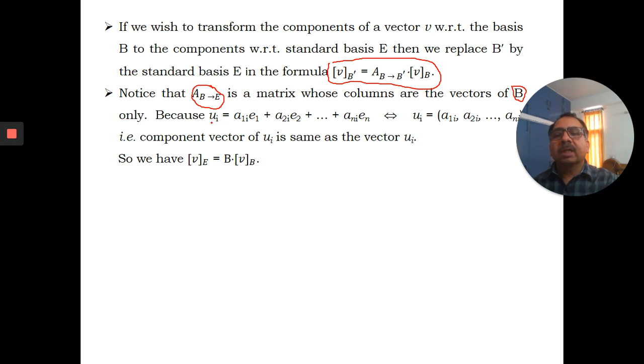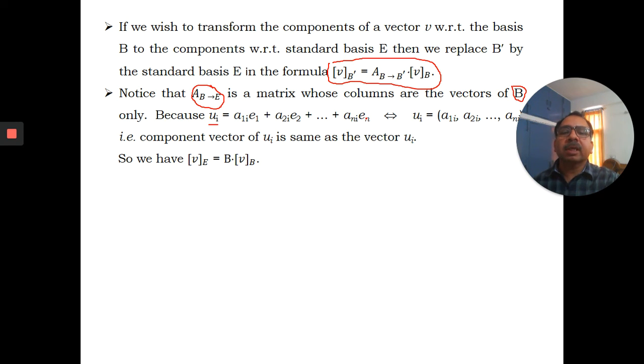Notice that if you take any ui, its linear combination with respect to the standard basis is this. In E1, the first entry is 1 and the rest are 0. In E2, the second entry is 1, the rest are 0.